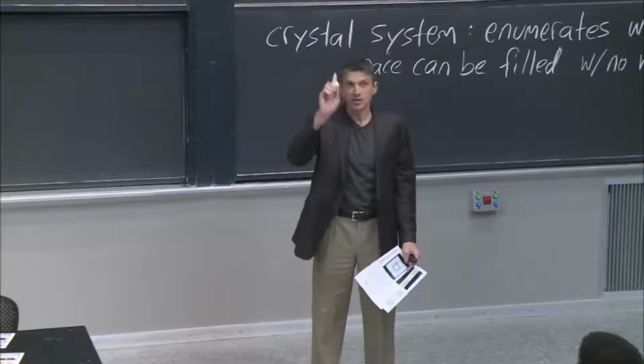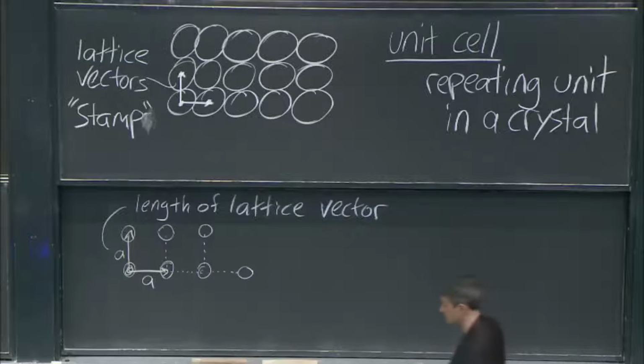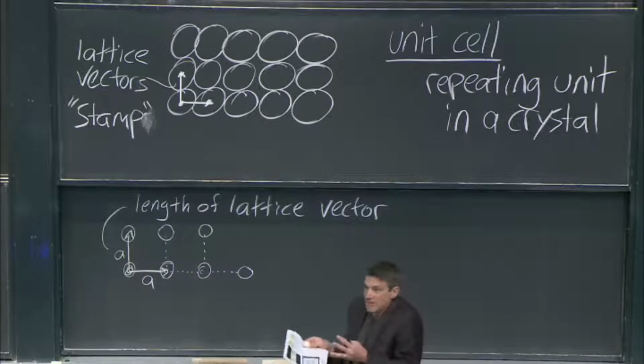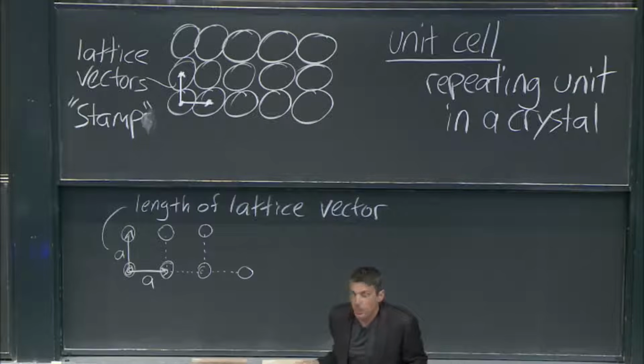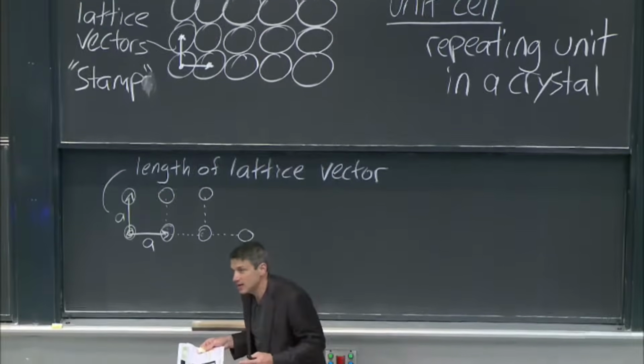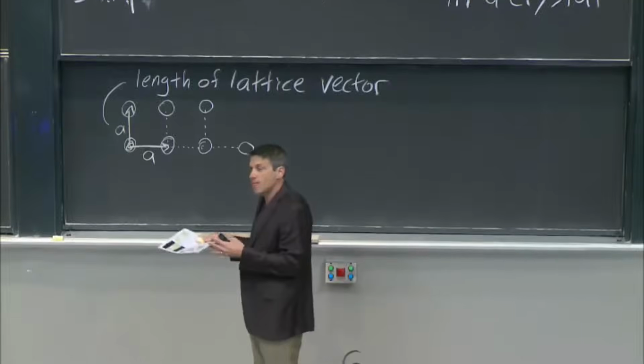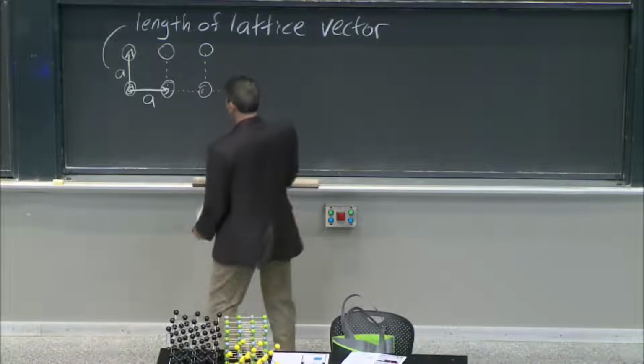But I might ask a very important question: if I have circles, what is the maximum that they can pack in for this lattice? You can just visualize that now.